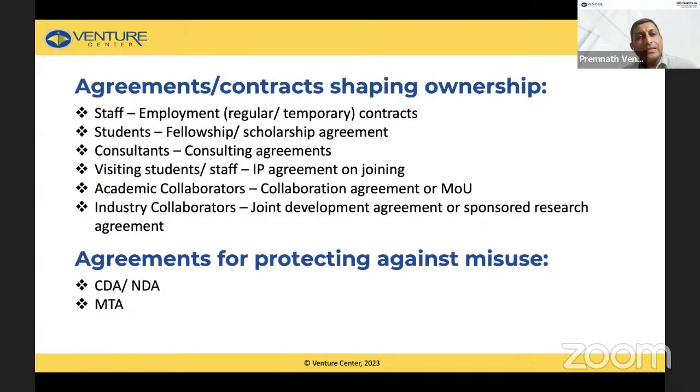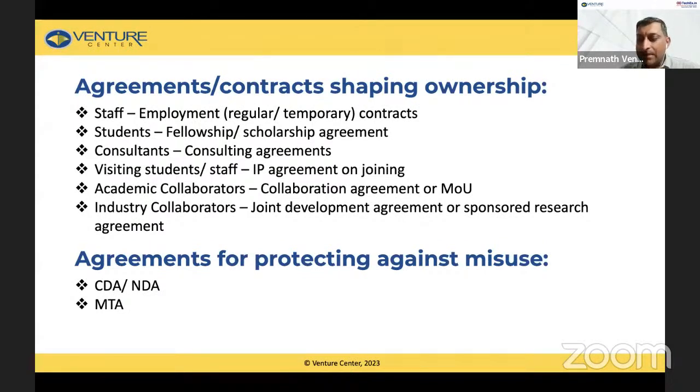The second is the category of students. If you have students in your organization, if they are paid, like fellowships, scholarship agreements might have such clauses. If not, it depends upon the institution's policy. In many universities abroad, you will find that the undergrad students who are paying their way own their IP, okay?